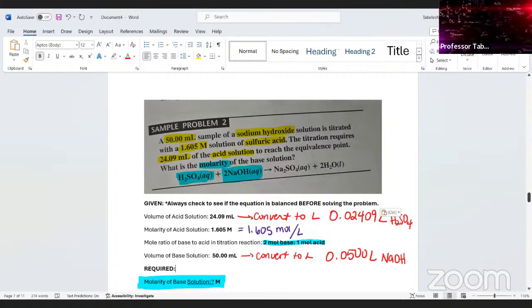So let's go ahead and identify what's given in the problem, because they want to know what is the molarity of the base solution. They gave you in this problem 24.09 milliliters of the acid. Right here, it tells you 24.09 milliliters of the acid solution. Make sure you convert that milliliters to a liter, and that's what I've done over here.